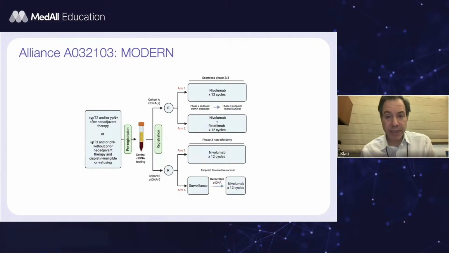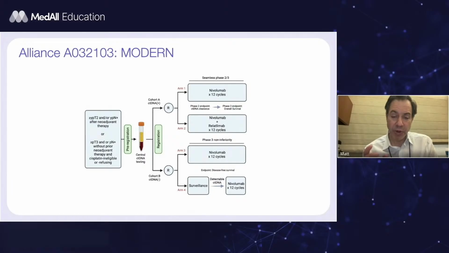So these concepts are really being explored further in the ongoing MODERN study, which is randomizing a similar patient population, patients with high risk muscle-invasive urothelial cancer after radical surgery. Patients after surgery have ctDNA testing using the Signatera assay.